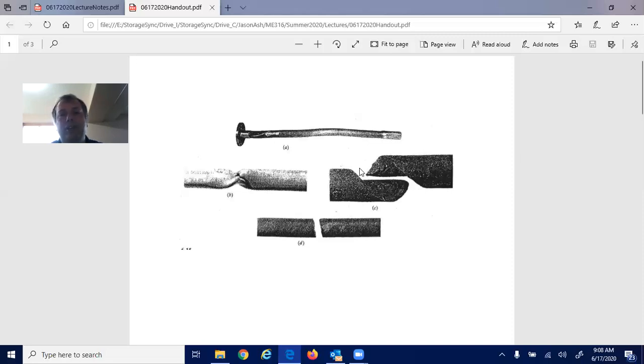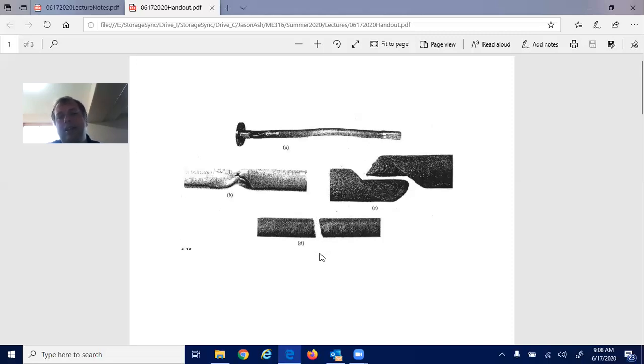And those are going to be occurring at 45-degree planes if you're dealing with pure torsion. D is an example of ductile failure for torsion. And that is going to occur perpendicular, since that's the direction that your maximum shear stress is being experienced, fairly perpendicular to that.